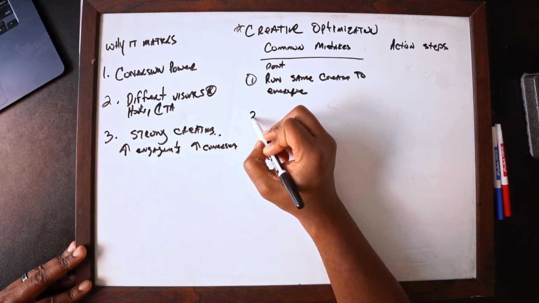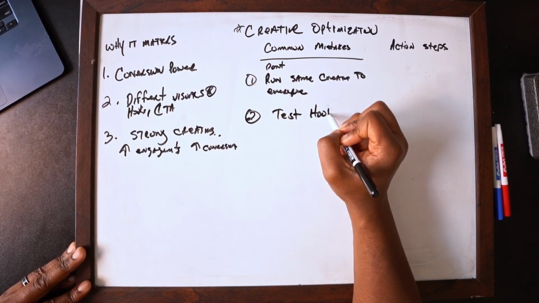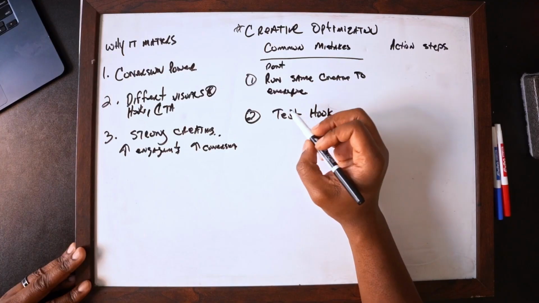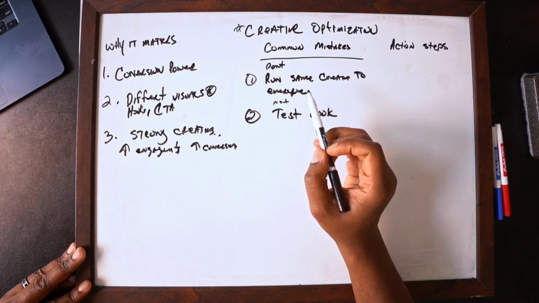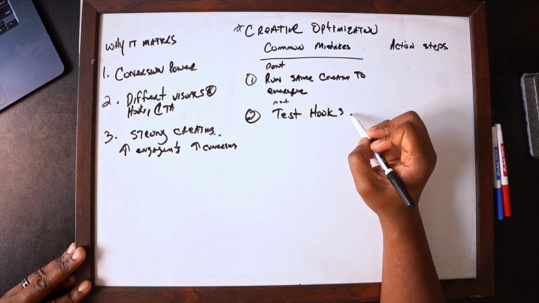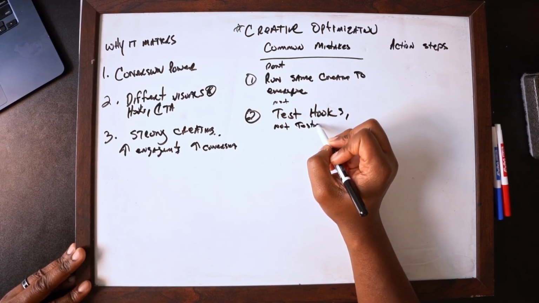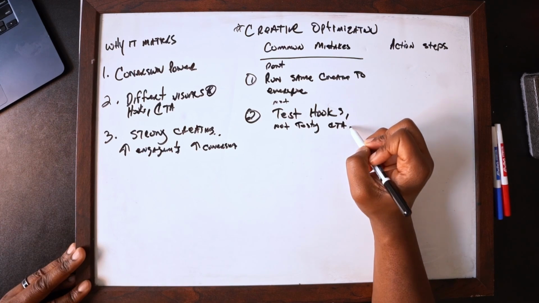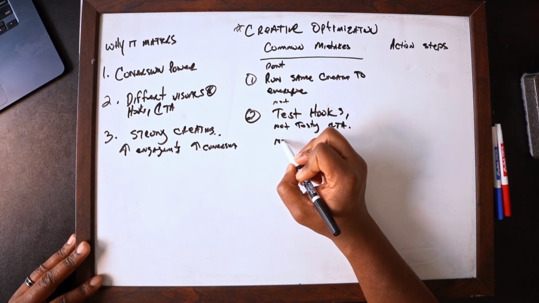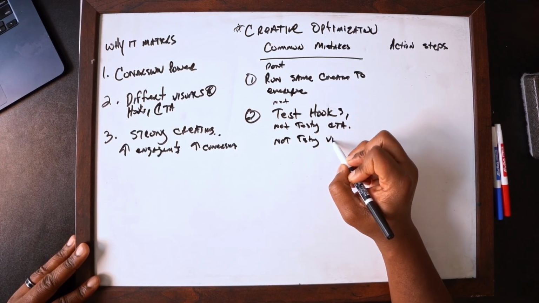Number 2, test your hooks. You guys are making a really big common mistake because you're not testing your hooks. You're not testing your CTA. And then my favorite is I see you guys not testing the visual.